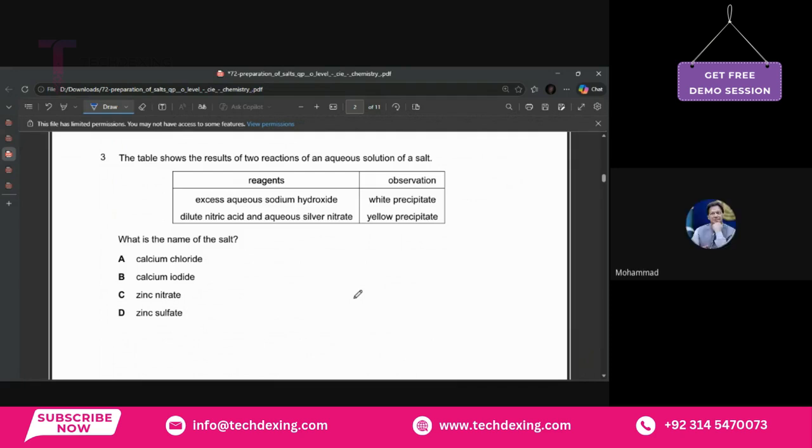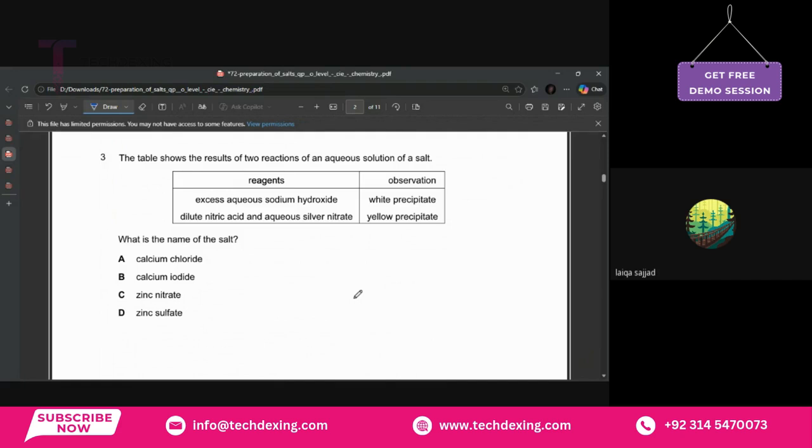Calcium. What's the reason? Because it cannot dissolve in excess sodium hydroxide. Very good, excellent. Calcium hydroxide does not dissolve, it remains even when excess sodium hydroxide is added.